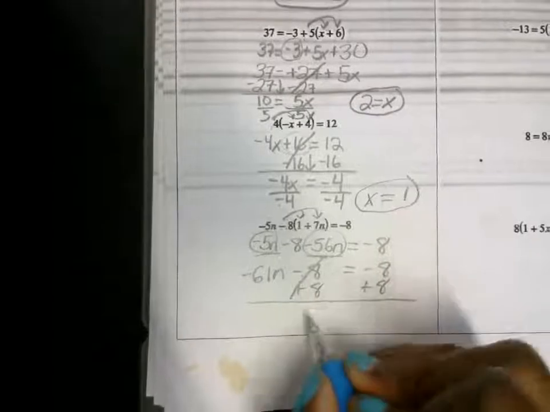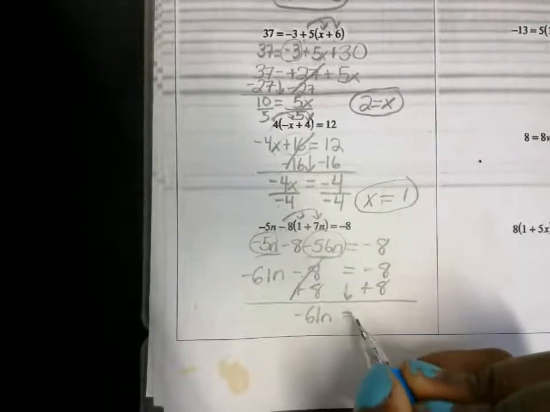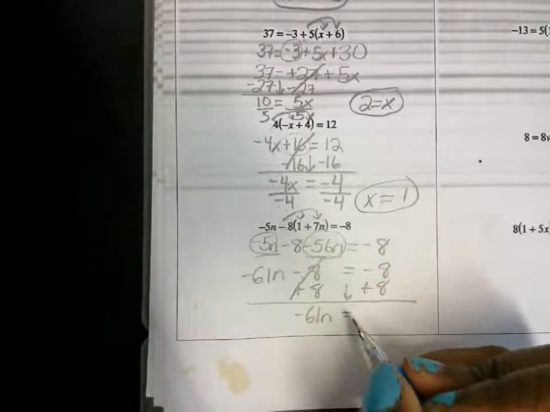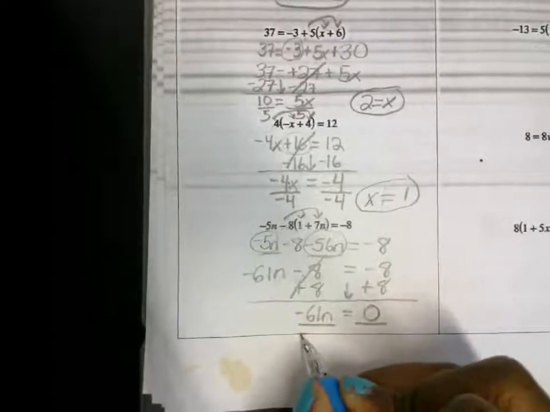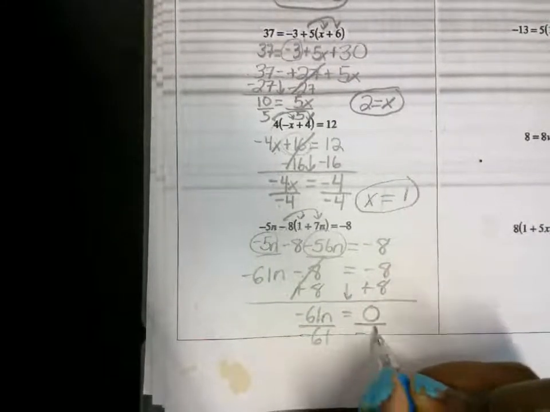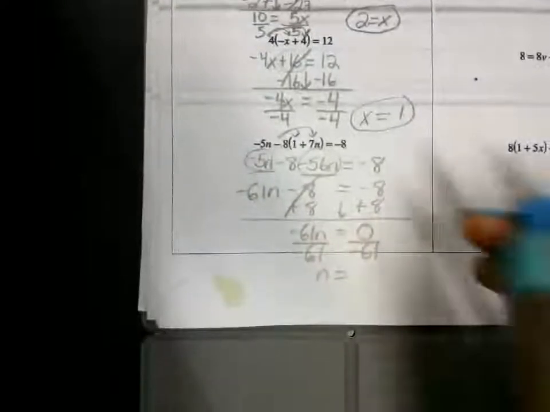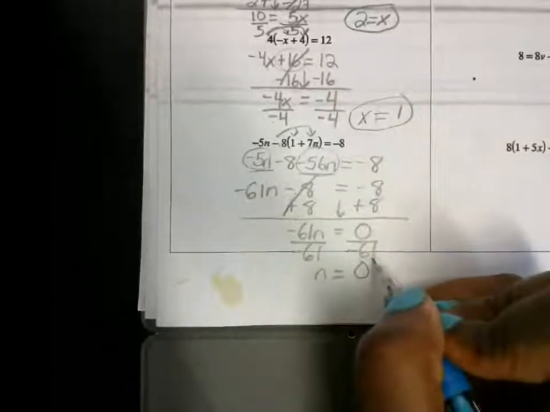This is 0, and I'm left with negative 61n. Okay? This is 0. We're going to divide both sides by negative 61. And this gives me n is equal to 0. 0 over any number is going to be 0.